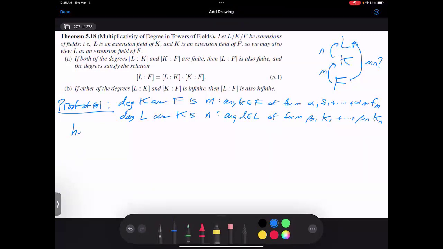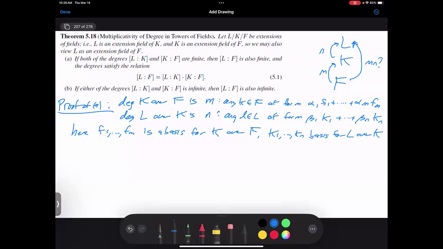So here, f1 through fm is a basis for K over F, and then k1 to kn is a basis for L over K. Slightly different notation in the book, just so I can look down and see where things live very easily.